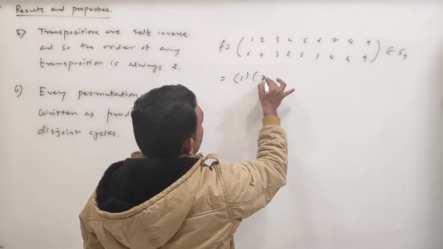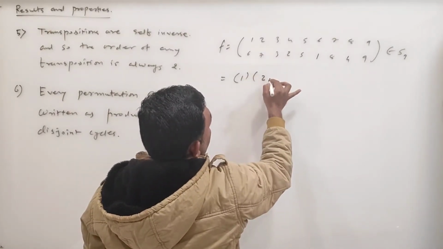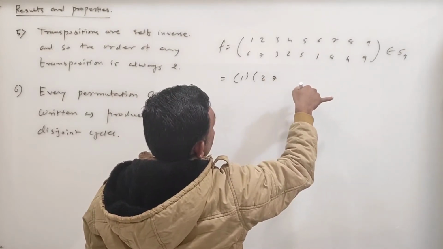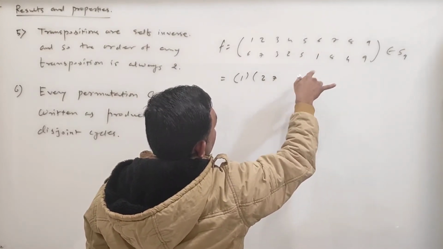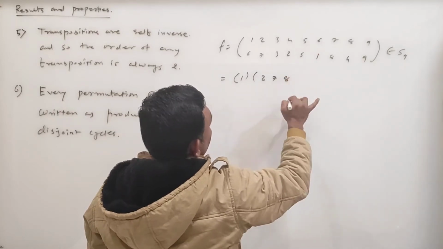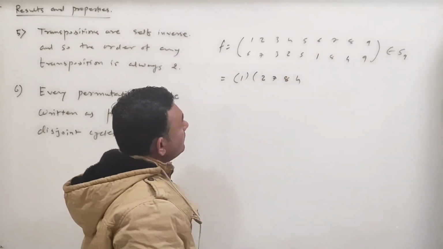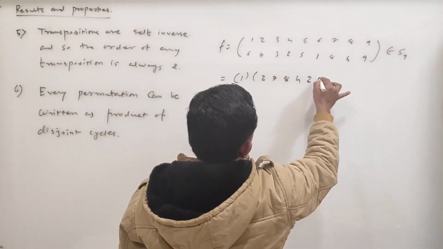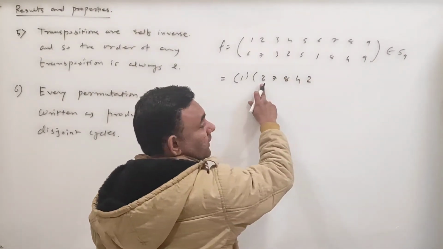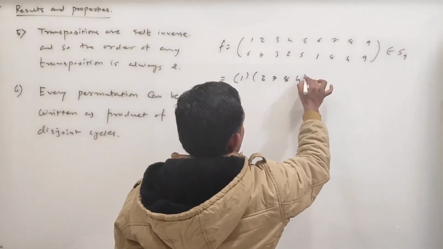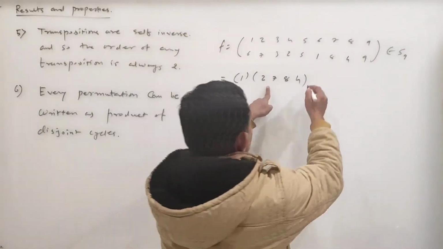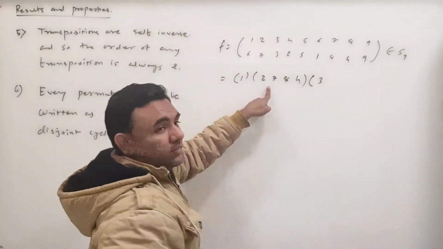Now you start with 2. 2 goes to 7, 7 goes to 8, 8 goes to 4, 4 goes to 2, and here we have 2, so we stop here, right? So 3 is missing, so you start with 3.